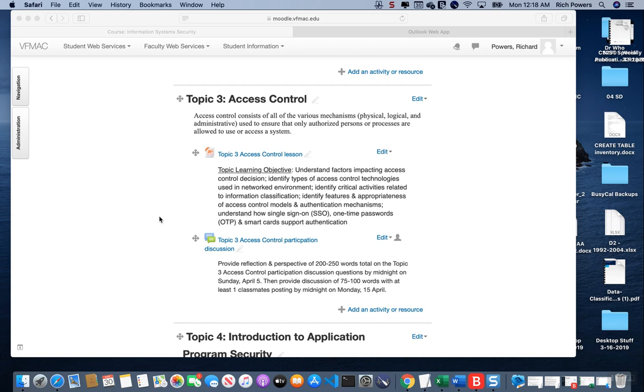We'll also talk about single sign-on, its challenges and importance, and some of the techniques that get used, like one-time passwords or smart cards to support authentication, and the idea of multi-factor authentication. That's something we're going to talk about in topic 3.